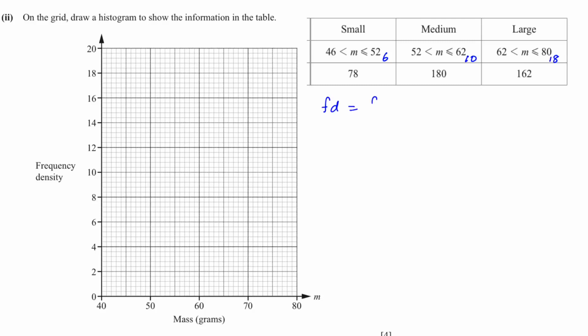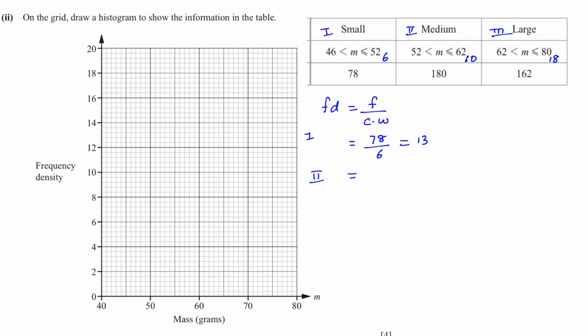Frequency density is equal to frequency divided by the class width. For the first one, small, first, second, and third. 78 is your frequency divided by 6 will give you 13.